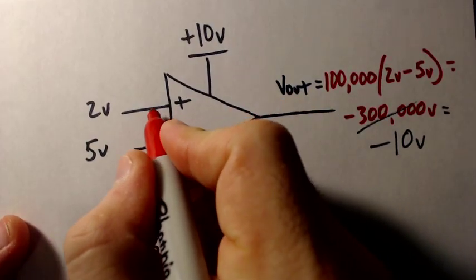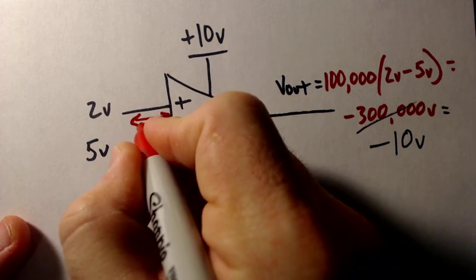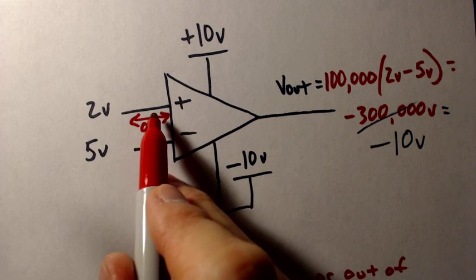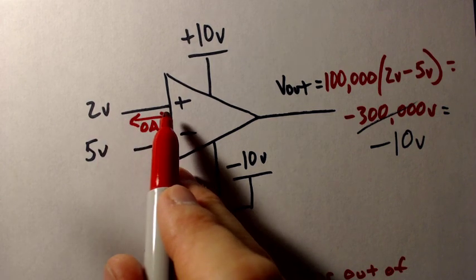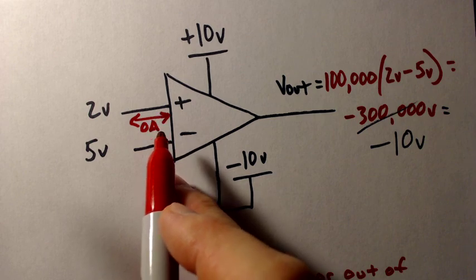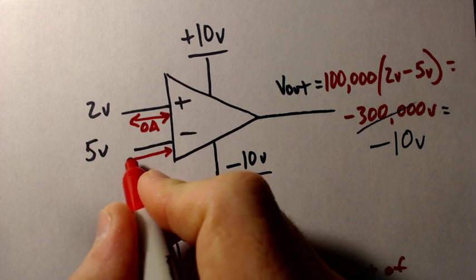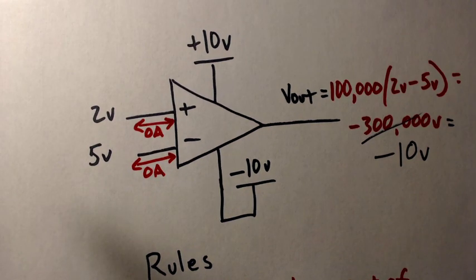That means over here, this wire right here is 0 amps all day long. It's only looking at the voltage. You can think of this as really high impedance. Same thing with our other input. 0 amps in or out.